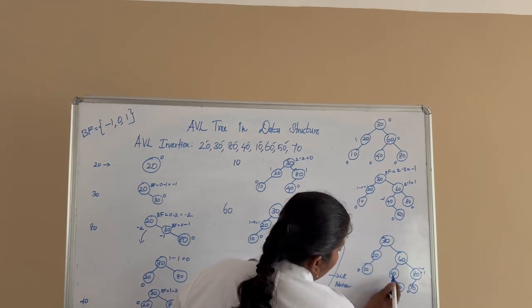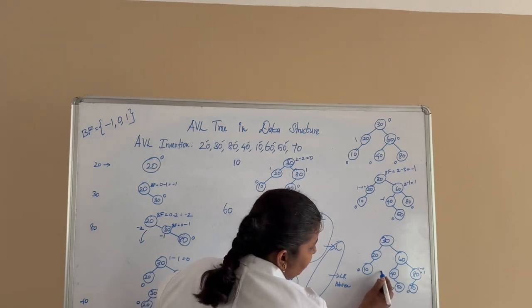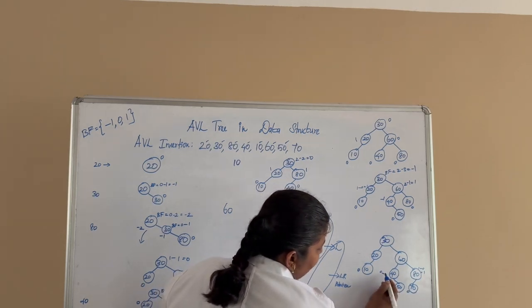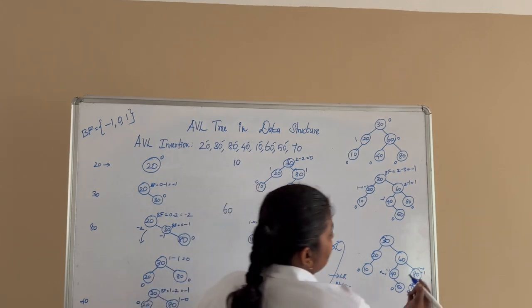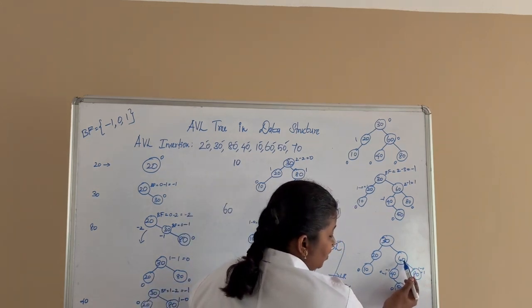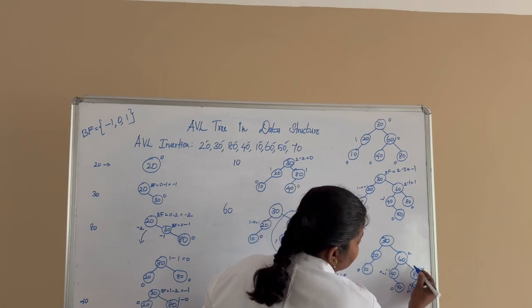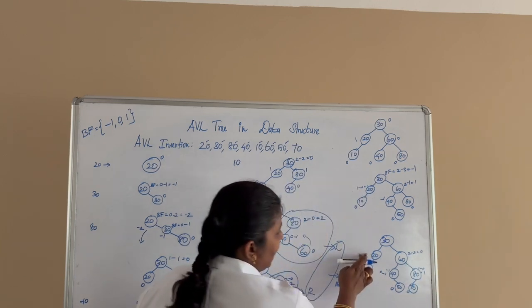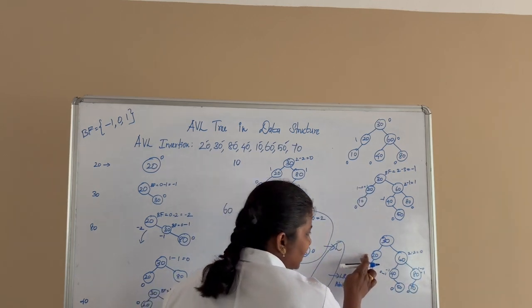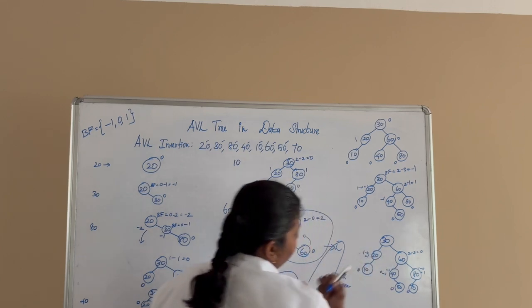Here for calculating the balance factor for the node 40, there is no left subtree, 0 minus height of the right subtree 1. So it is minus 1. For the balance factor for 60, height of the left subtree 2 minus height of the right subtree 2. It is 0. For the node 20, the height of the left subtree is 1 minus height of the right subtree is 0. So which is equal to 1.